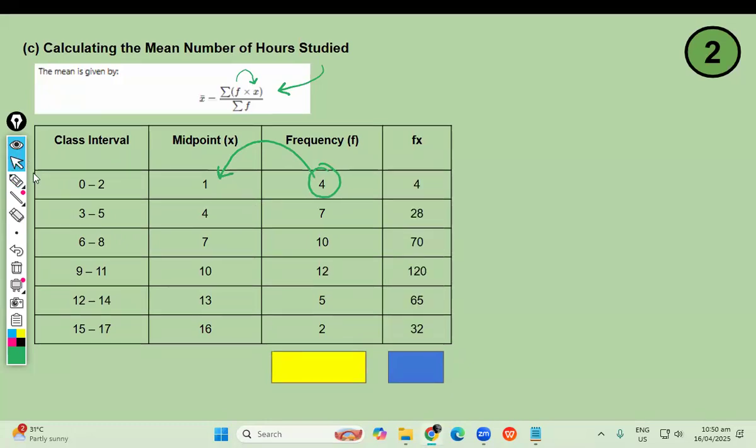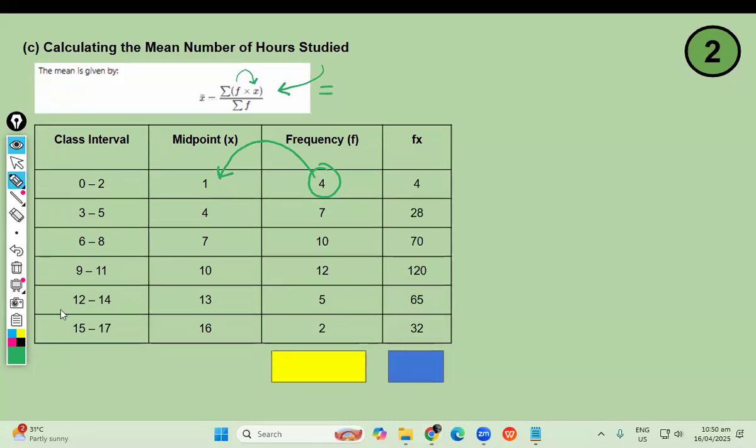How many people got those for the fx value? Great. So now the formula says we have to add up, or sigma, the fx column. When we sigma the fx column, how much did you all get? Let's add it up.